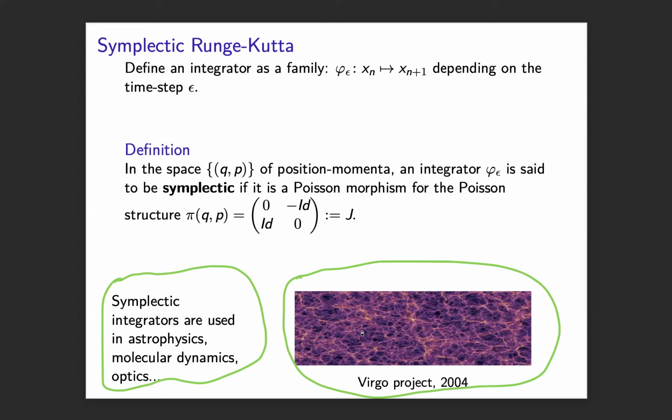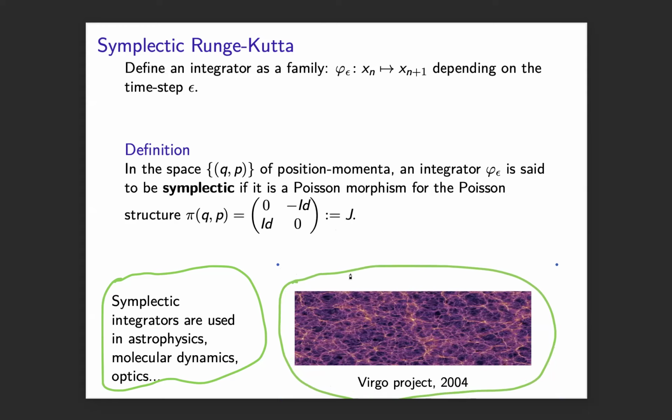You take many of them and you try to integrate the Hamiltonian system corresponding to this n-body problem for n big and see how galaxies evolve, how their motion evolves. And for this, people from astrophysics used the symplectic method.